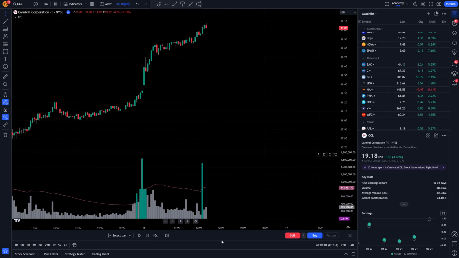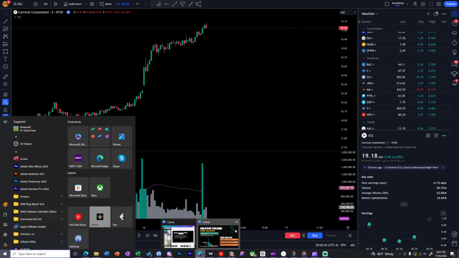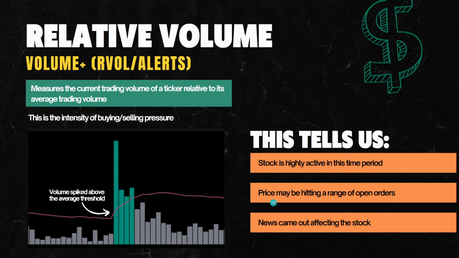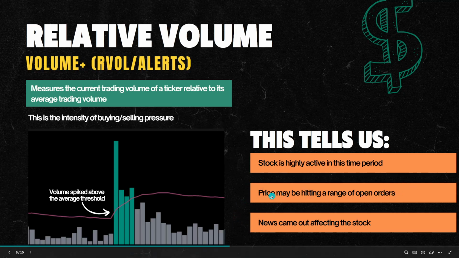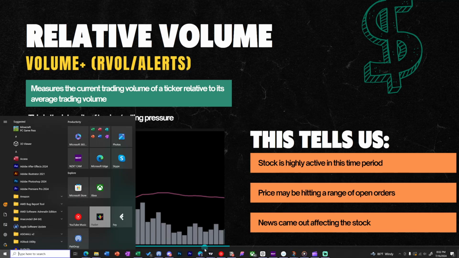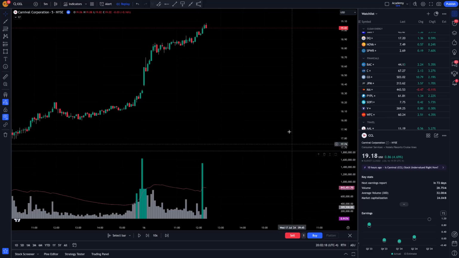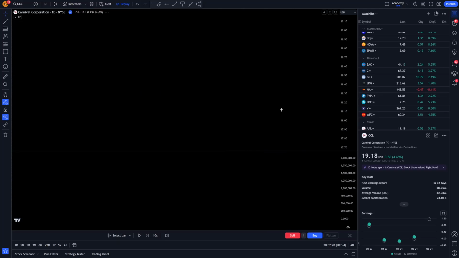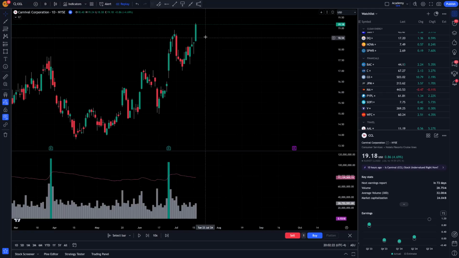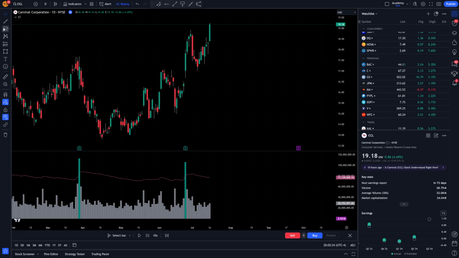Another use case, if you read this slide, is that price may be hitting a range of open orders, or that news came out affecting the stock, all right? So let's see if I can find something that hit a resistance lately.